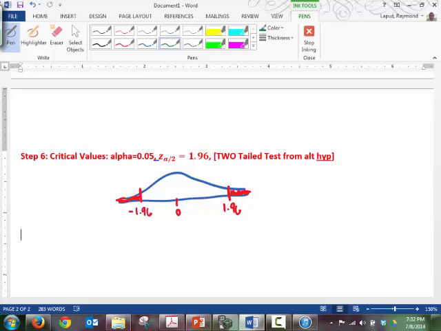Where's my test statistic? What is my test statistic? 9.4. That's way out here. I'll say TS for test statistic, and I'll remember that it's a z-value, and that it's 9.4, way out here.